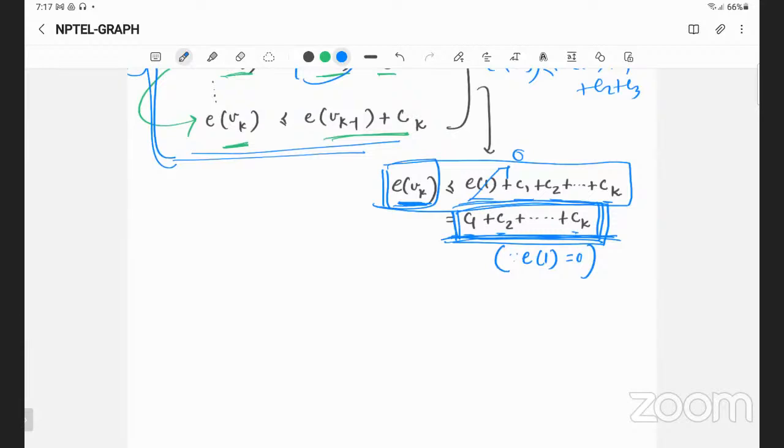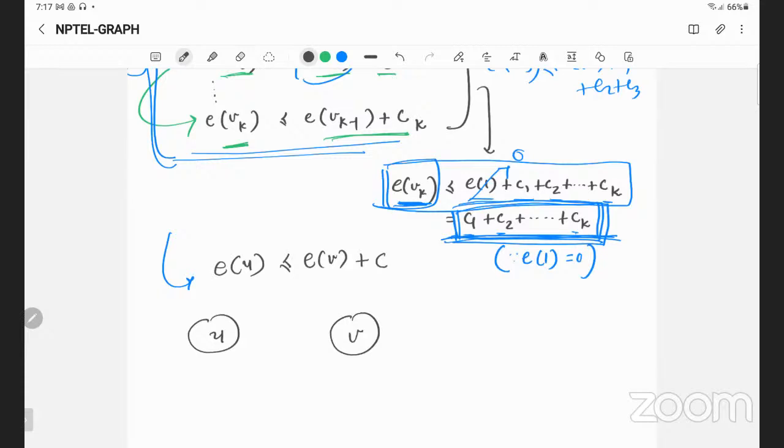So before that, we will need some type of data structure. If you think about it by taking some observations, you will get some intuition. Say there is an inequality, EU is less than or equal to EV plus C. If we represent it in terms of vertices and edges, like graphs, U is a vertex, V is a vertex, and we put an edge from U to V which has a weight C, right?